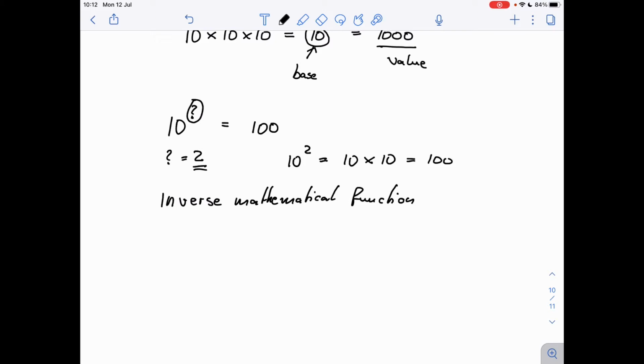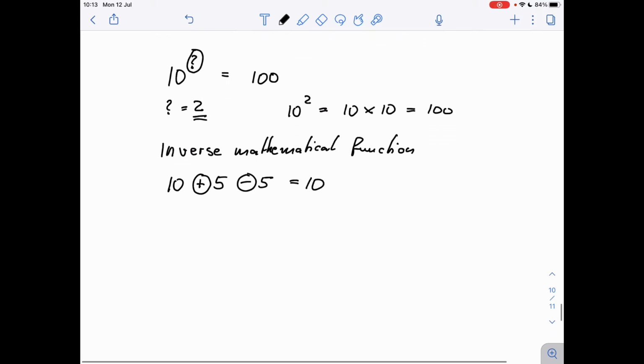It basically reverses what we do in the first place. So if we have a number, let's say 10, plus 5, we add 5 to our first number, and then the inverse mathematical function would be negative 5, because that would give us again our 10.